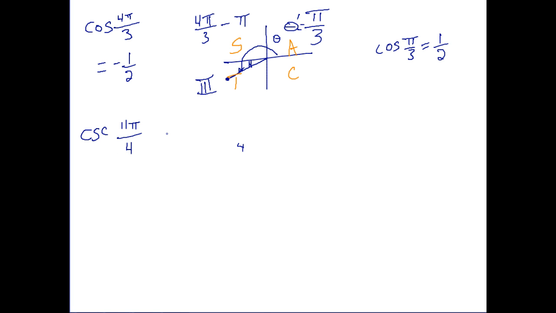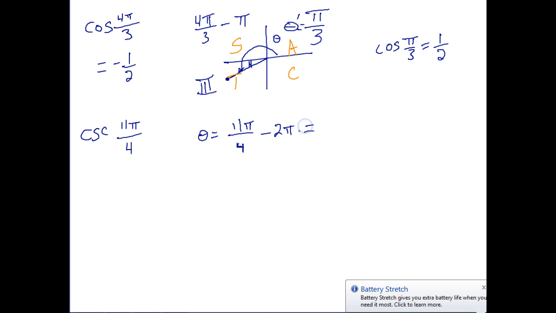So let's look at this angle first. This angle is 11 pi over 4. Let's find the reference angle. The first thing we should notice is, wait a minute, this is bigger than 2 pi. So let's subtract 2 pi from that.